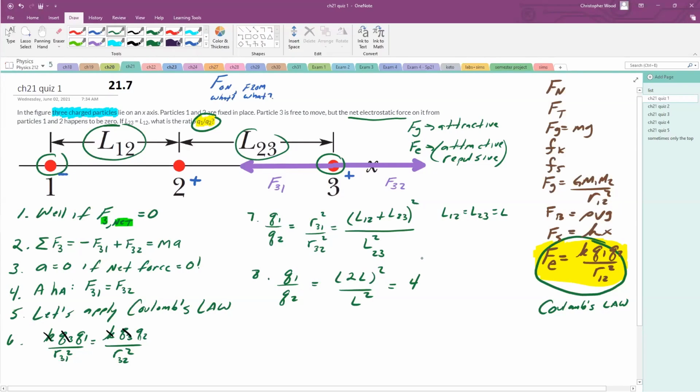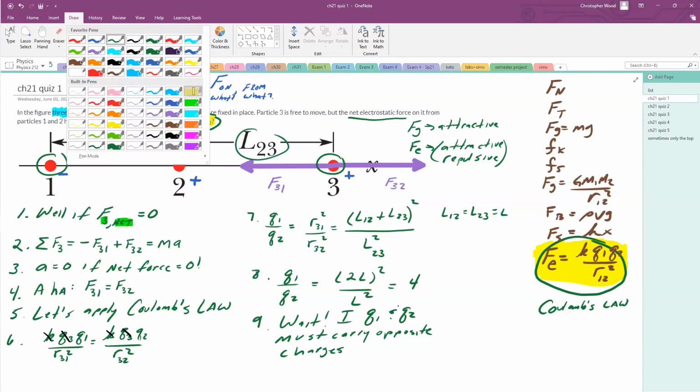That's the magnitude. And I do know one thing, so I'll just keep going with notes here. Remember, I know Q1 and Q2 must carry opposite charges, based on the conversation or based on this visual.